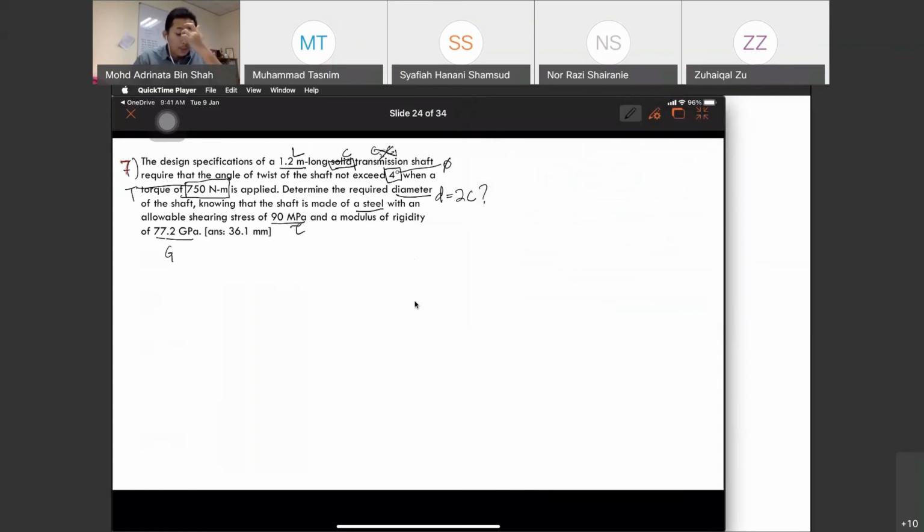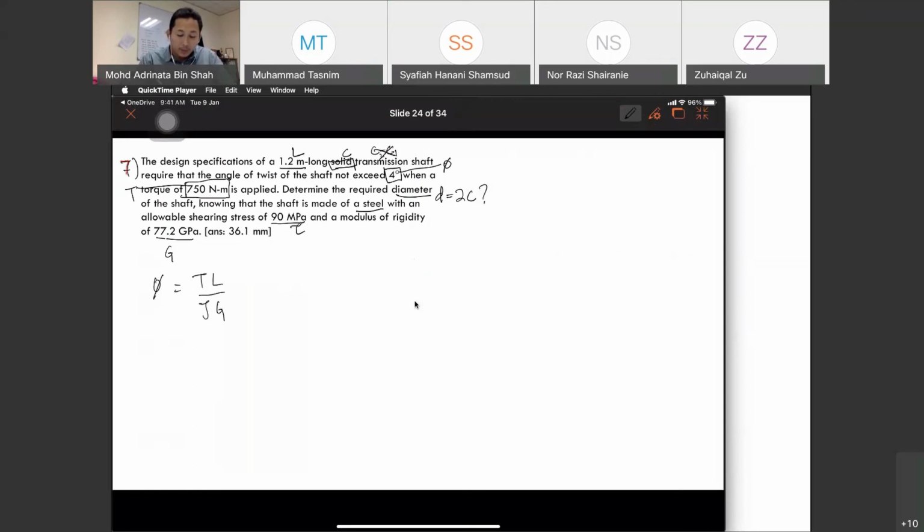From the question, determine the required diameter. From the given questions, we have angle of twist equals TL over JG.